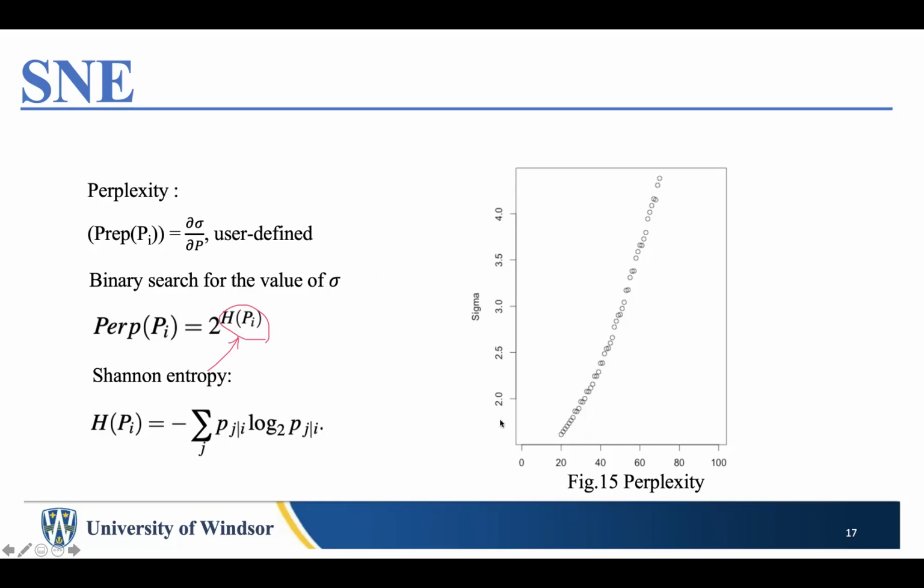When the perplexity increases, the sigma will increase too. It performs a binary search for the value of sigma and produces a Pi. It uses Shannon entropy, so we can say that perplexity is a smooth measure of the effective number of neighbors, and its typical value is between 5 and 50.